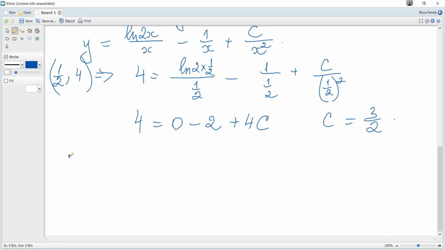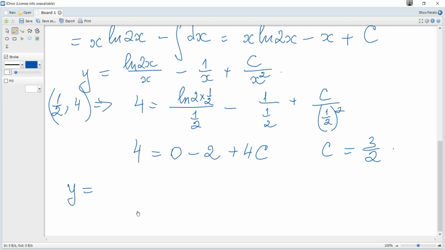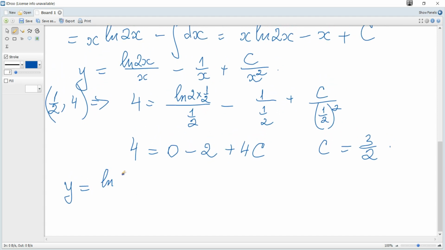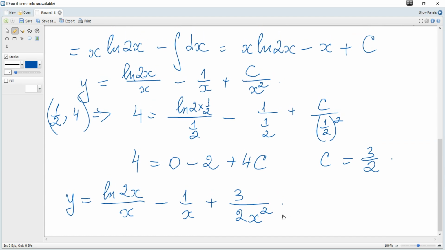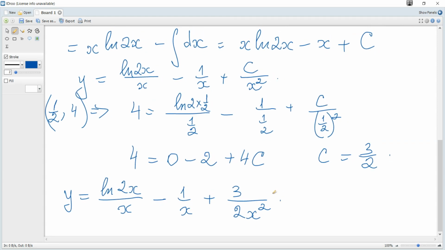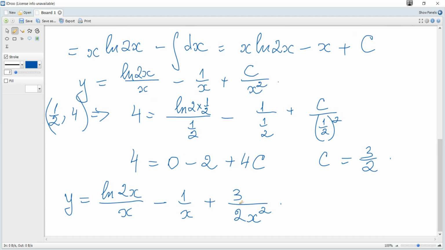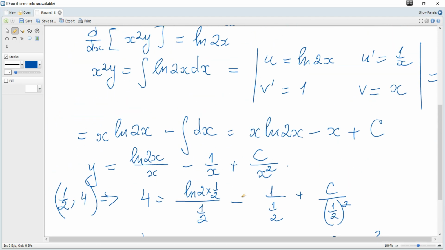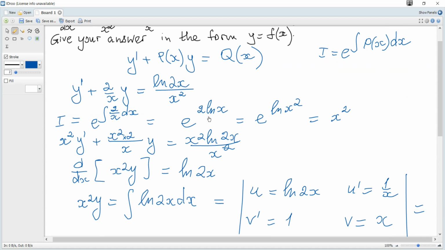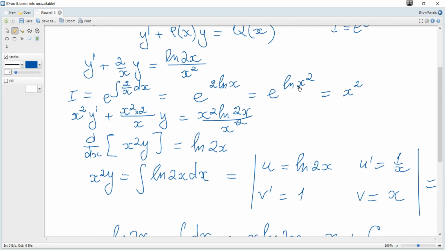Hence, y is ln 2x over x minus 1 over x plus 3 over 2x squared, and it's the required answer. Y as a function of x as required.